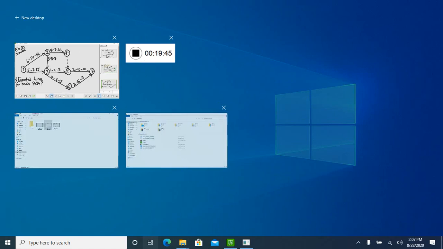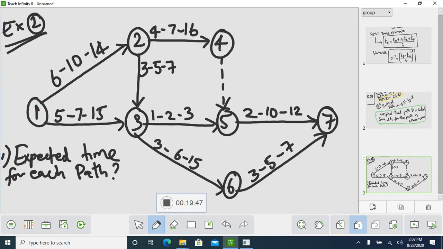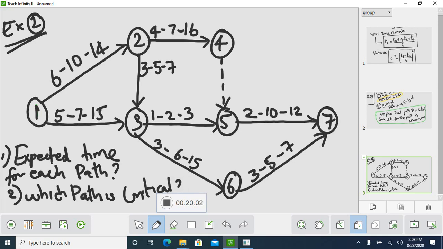Next is the same: which path is critical? Same as the last problem. They asked you for the expected time for each path. So you have to find out all the paths. How many paths are there? Next you have to find what the critical path is.